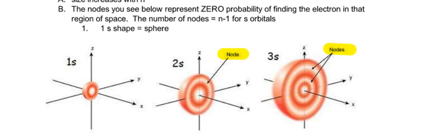If you look at these pictures, the node is the empty space, if you will. It represents the zero probability of finding the electron in that region of space. The number of nodes is n-1 for the s orbitals. The s shape is your sphere; you only have one sphere. But what happens as you go from 1s, your hydrogen, to 2s, your lithium and beryllium, to 3s, your sodium and magnesium?